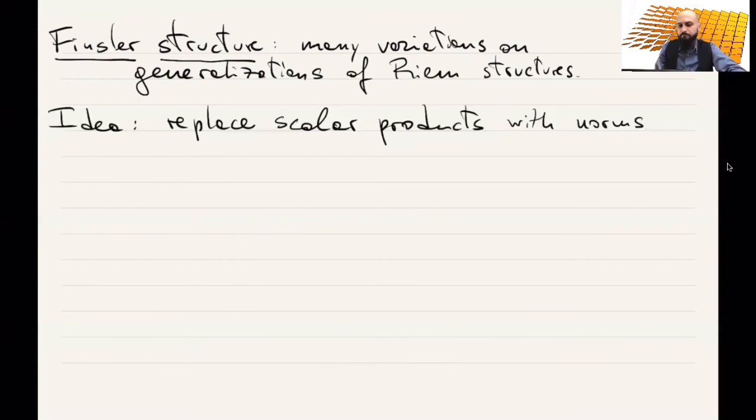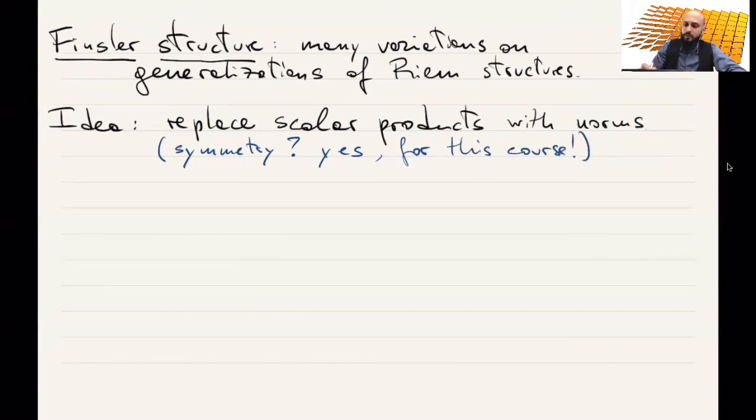There's also some further generalization that one can ask if we really still want the norm to be symmetric. In this course, in our discussions, we will always assume a symmetry, and the reason is because we want to induce distances, and distances are symmetric.